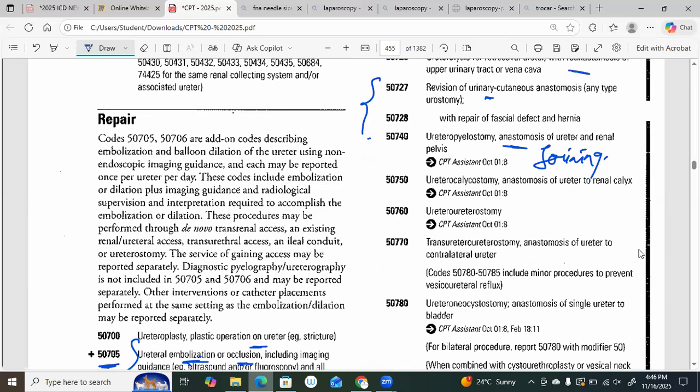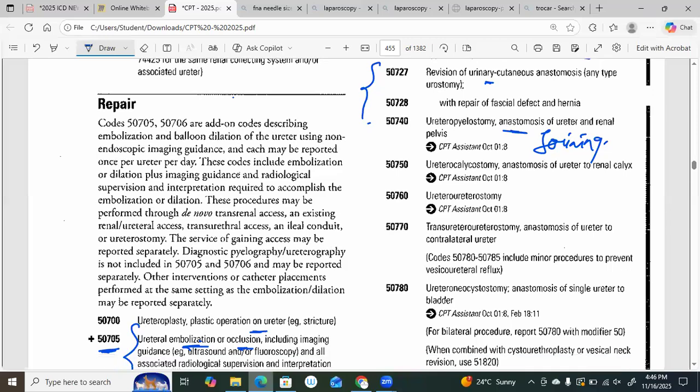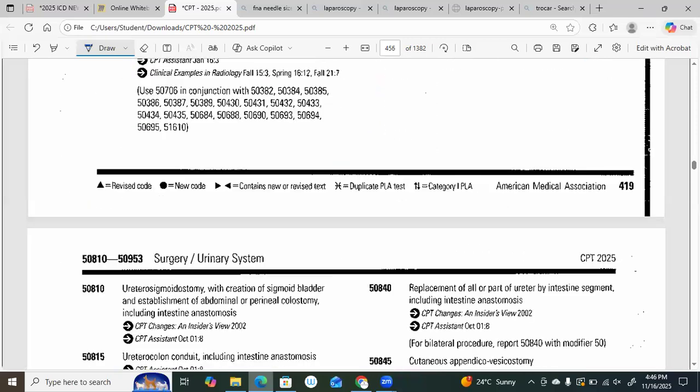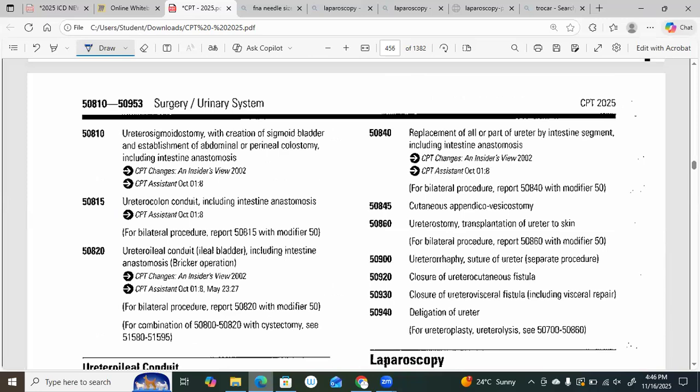I'm looking if we can find any specific guideline here which we can discuss today. So it's 50810. 50810 is ureterosigmoidostomy. Ureterosigmoidostomy means combining ureter and sigmoid together.